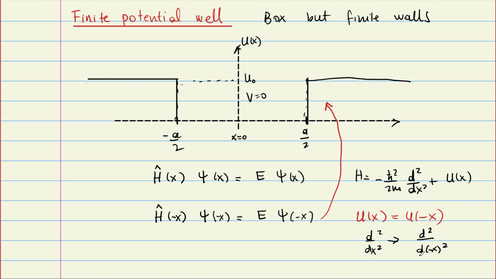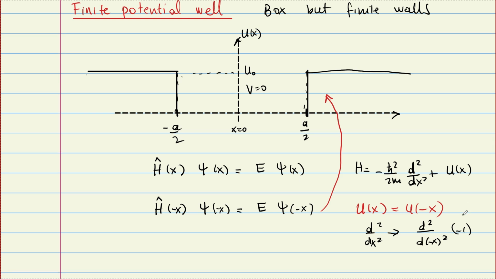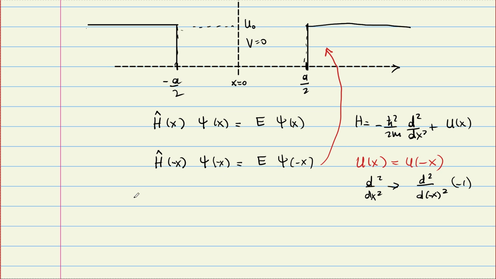This is if you want a change of variable, and every d dx comes with an overall minus 1, and if you do it twice, it is 1, right? Is that clear? So what this little argument shows is H of x is equal to H of minus x.